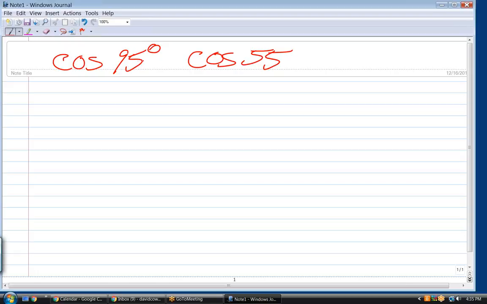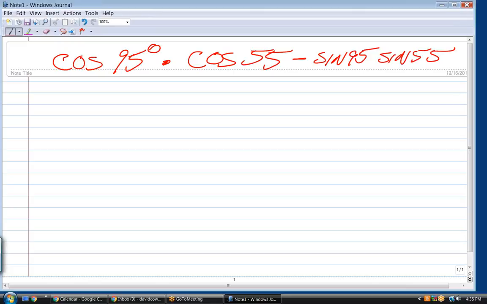Was this cosine 95 plus cosine 55? No, times. And then it's minus sine 95 times sine 55. I get it now.